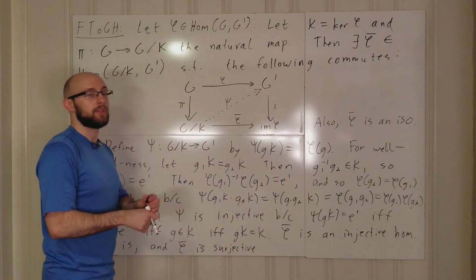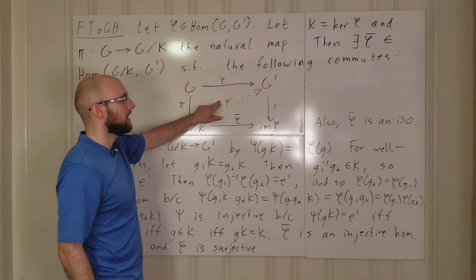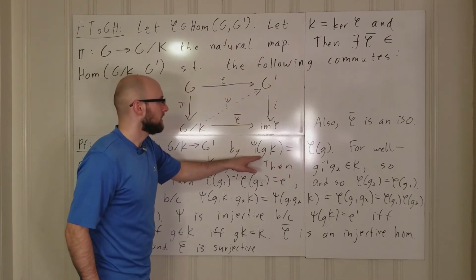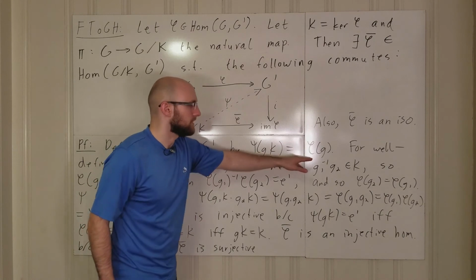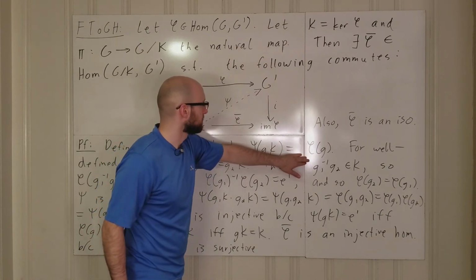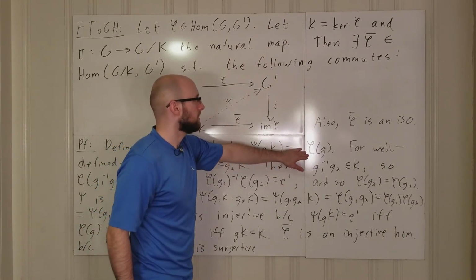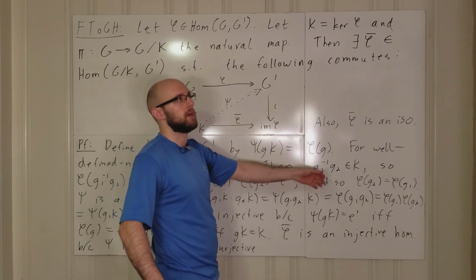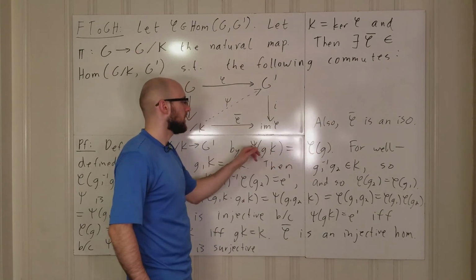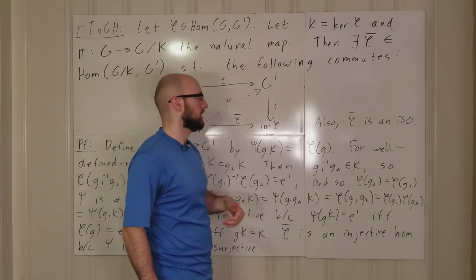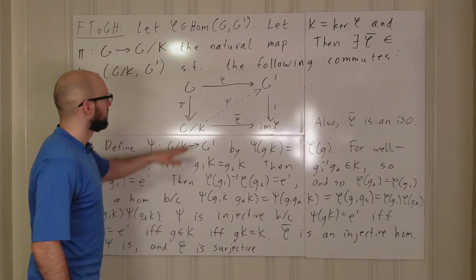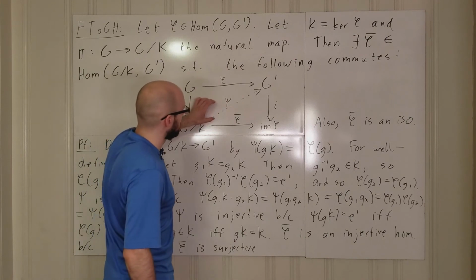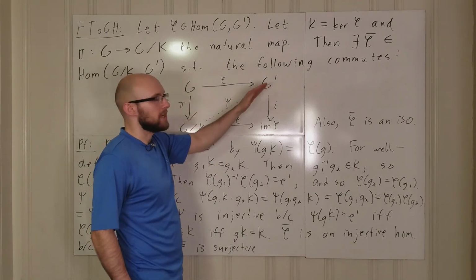That's because if we think about what the image of psi is, psi of gk equals phi of g. And so the image of psi is going to be exactly the image of phi, because anything that's in the image of phi, you get there by evaluating phi at some element g, and then if you take psi of gk, then you'll get that same thing. And so psi will hit everything in the image of phi.